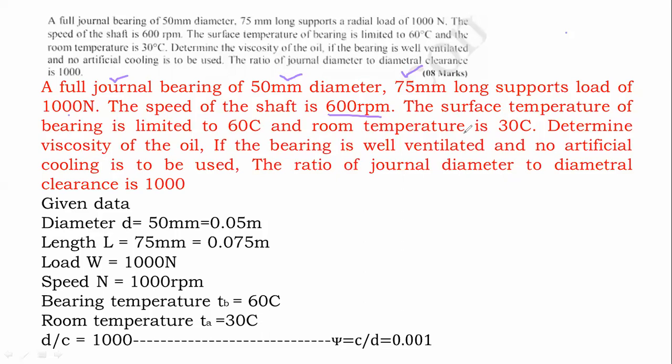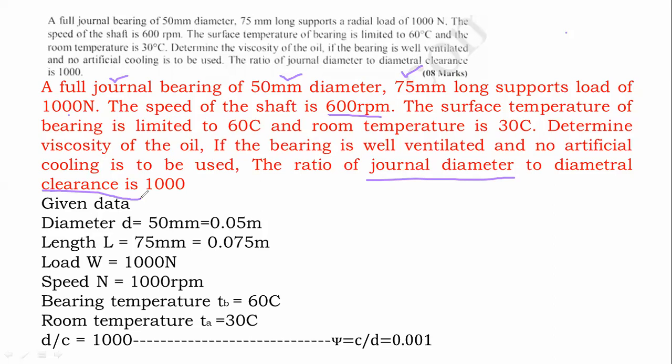So what we are supposed to calculate now is the viscosity of the oil, if the bearing is well ventilated and no artificial cooling is required. The ratio, look here, is journal diameter to the diameter clearance. In a simple way, we need to design a journal bearing and calculate the viscosity. How to calculate, my dear students?